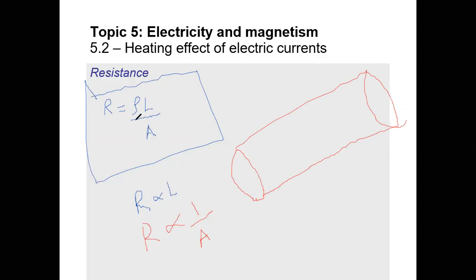Okay, and then this symbol rho is known as a constant, and it is known as resistivity or specific resistance.